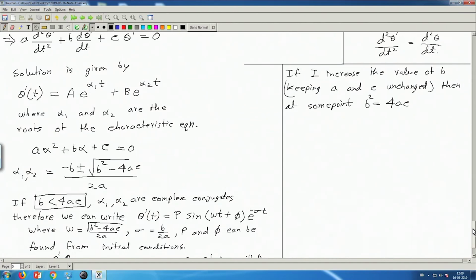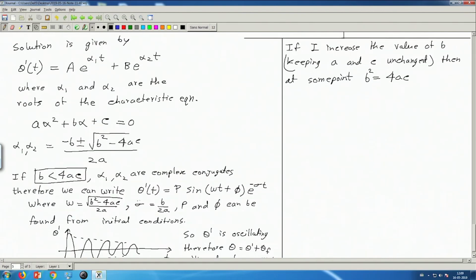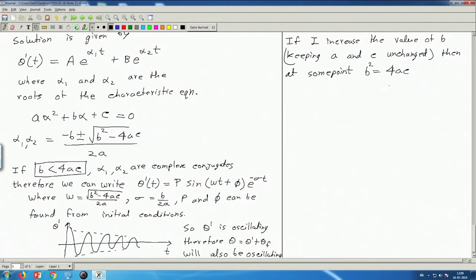Okay. So this term will vanish. Then b square will become 4ac, and then the solution will not be oscillatory anymore.